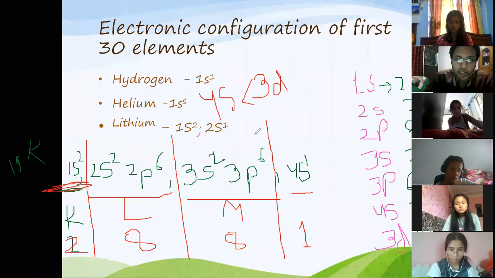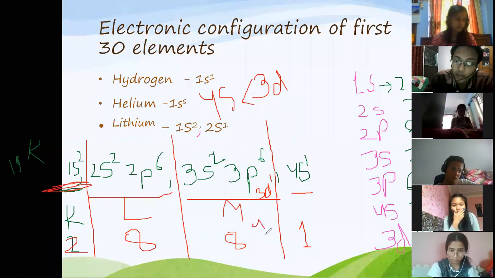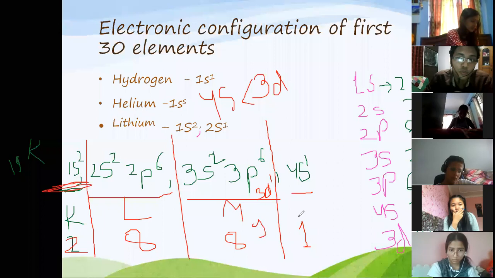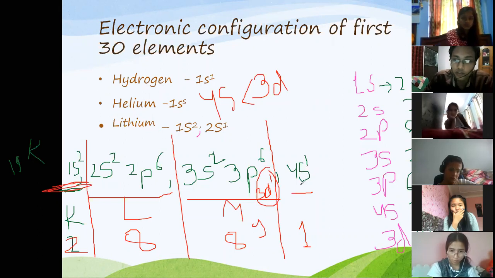But just imagine if 3d had come earlier than 4s, then the case would be 3d1, and 289 would be possible. So why not 289? Because 3d is not filled before 4s. 3d is filled only after 4s.